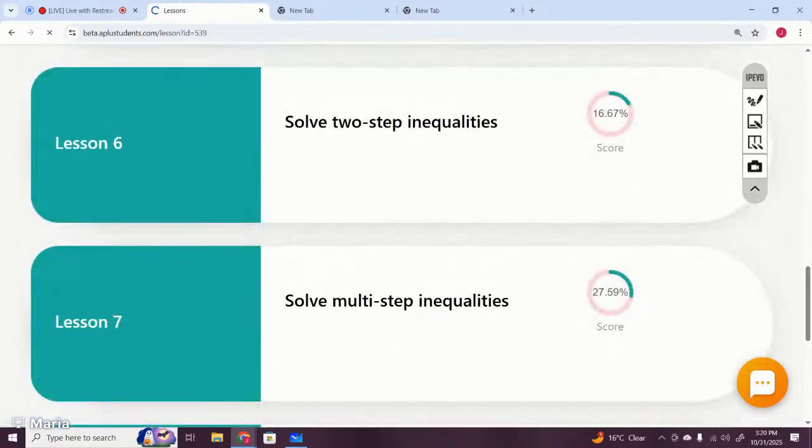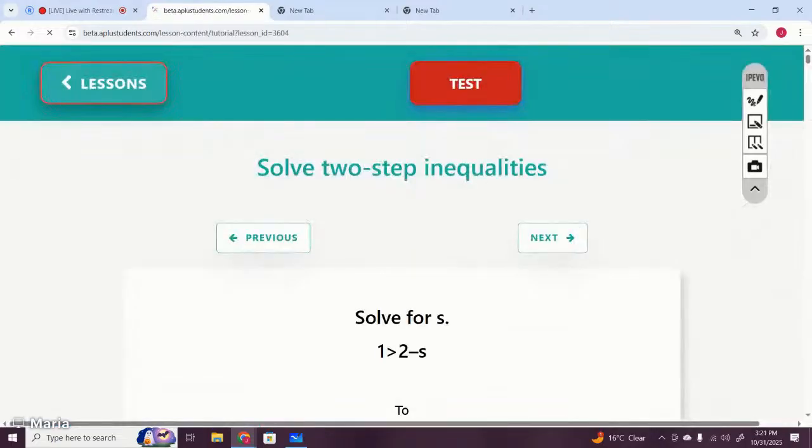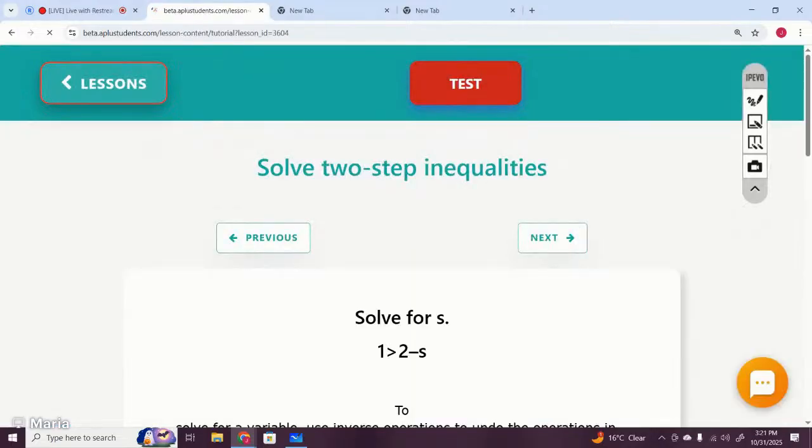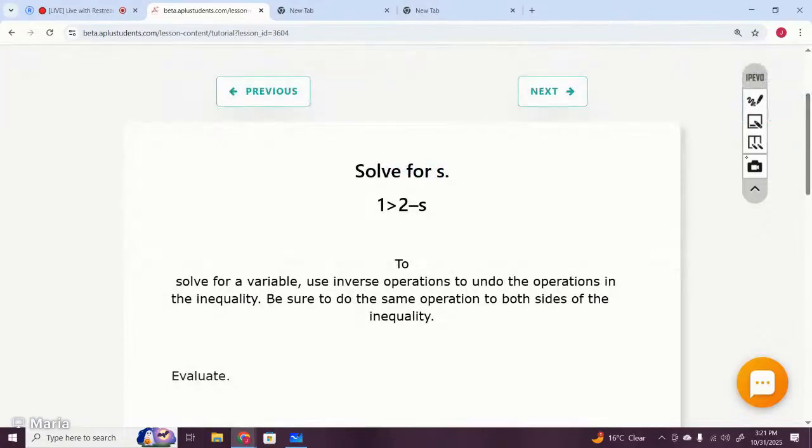Solve two-step inequalities. Let's just start with the lesson. Solve for s. 1 is greater than s minus 2.